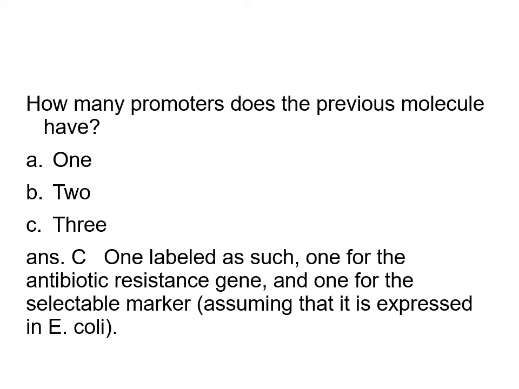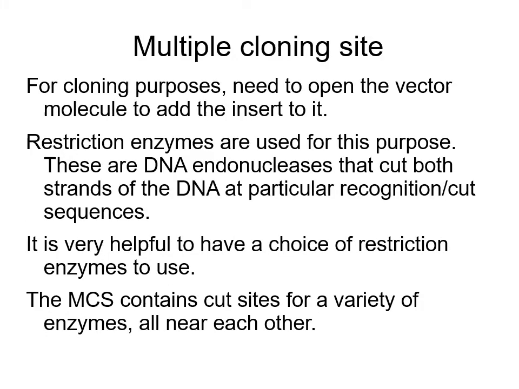Now, those are E. coli genes, which have to produce proteins in E. coli, which are then going to produce the enzymes that we need to inactivate the drug. So even though the promoter isn't shown, the fact that it's a gene implies that it has a promoter, and therefore there are at least 3 promoters on that molecule.